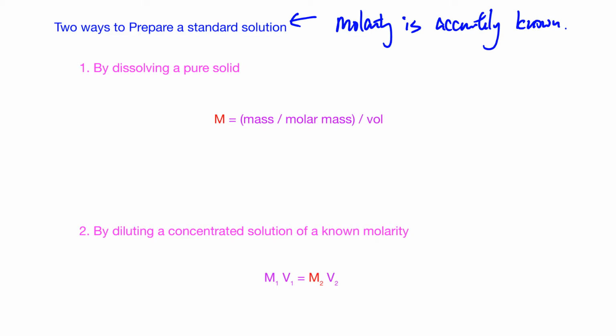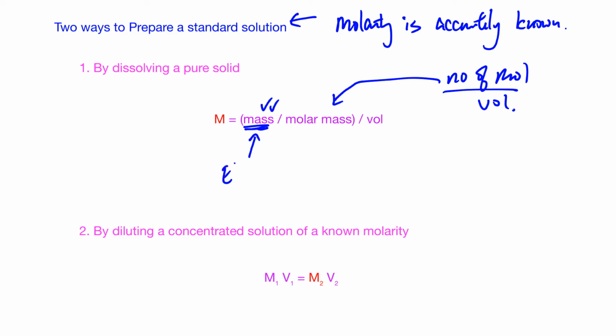If you refer to the equation, molarity equals number of mole over volume, and number of mole can be considered as mass over molar mass. As long as we know the mass accurately, we can do this easily with an electronic balance.